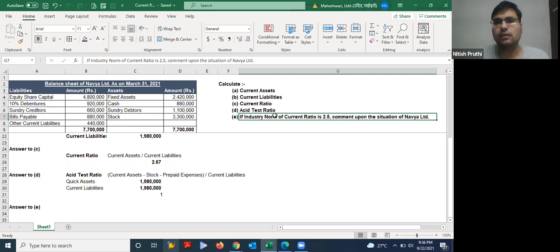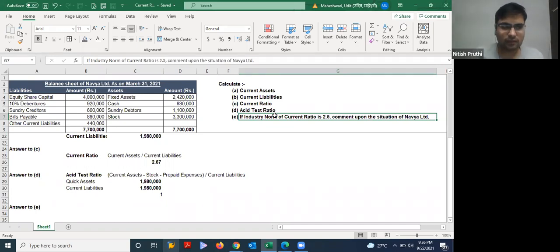From enterprise to enterprise it may vary, but there is a standard ratio. Now, if I have a ratio higher than 2.5, the situation is better. If I have a ratio less than 2.5, then it is adverse as compared to the industry situation.